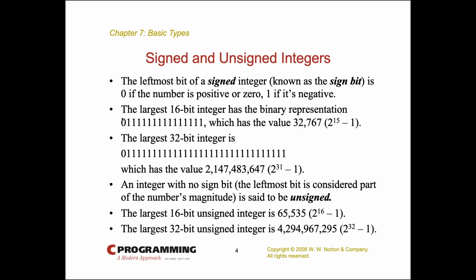There is no sign bit for an unsigned number, so a 32-bit unsigned integer has the largest value 4,294,967,295. It is 2 to the power of 32 minus 1. So big a number.